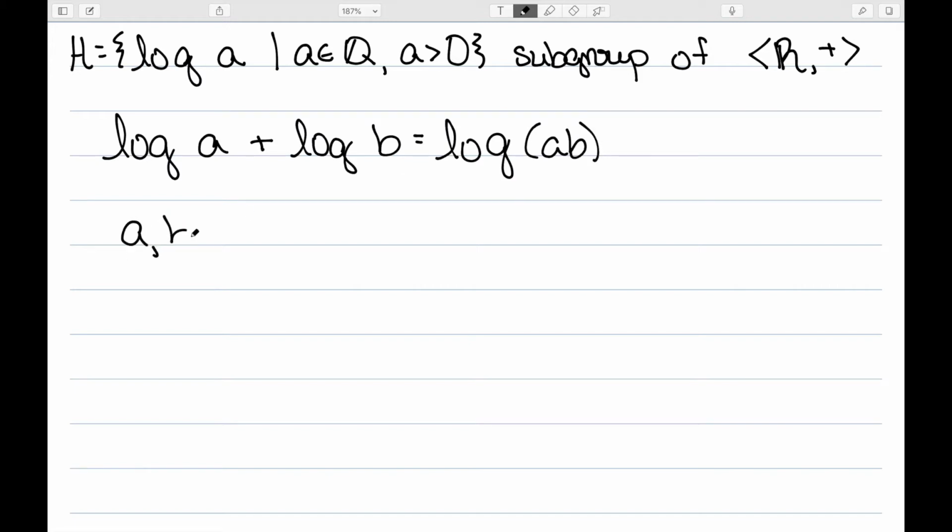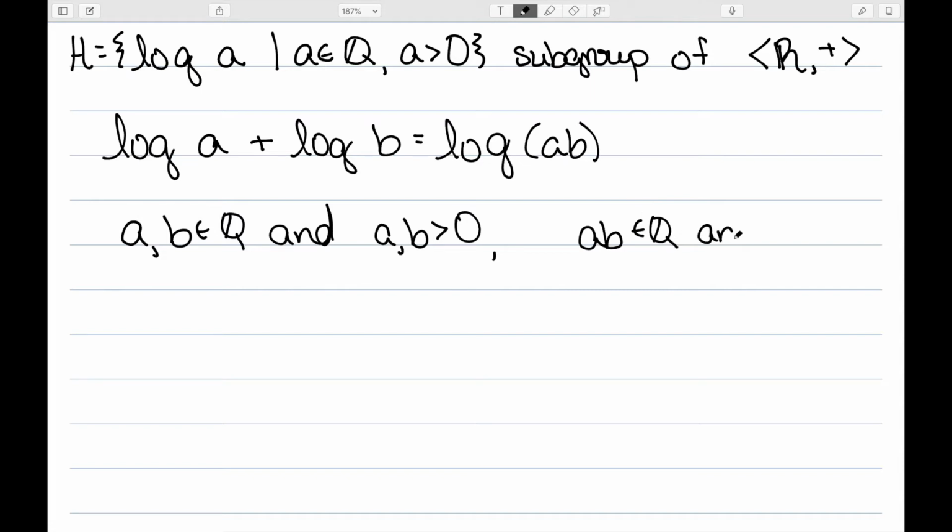Well, since A and B are both rational, and A and B are both positive, we know that AB, the product of two rationals, is still a rational, and the product of two positives is still a positive. So it is closed under addition.